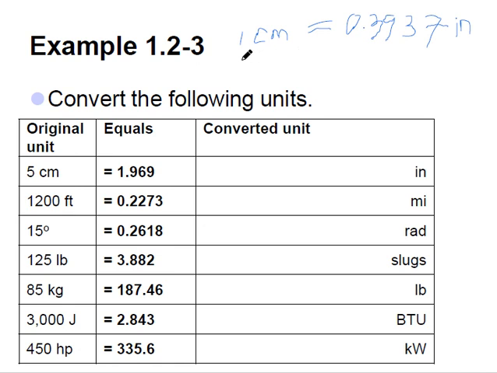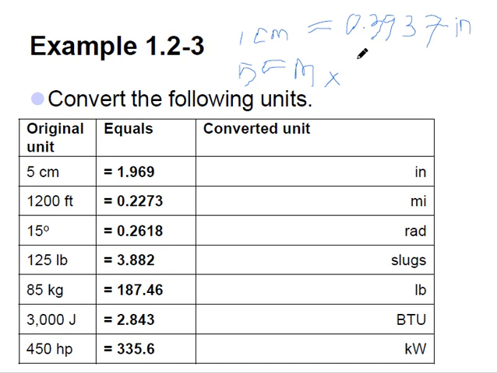So we have 5 centimeters. Your first row here in your table is asking us to convert. My C is very bad. Let me write it. Anyway, 5 centimeters, and then we're going to use this conversion factor to find the equivalent in inches.